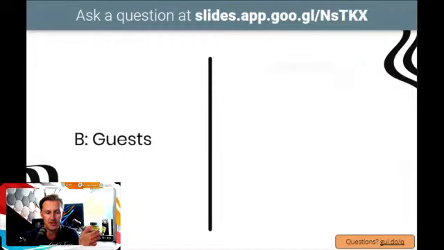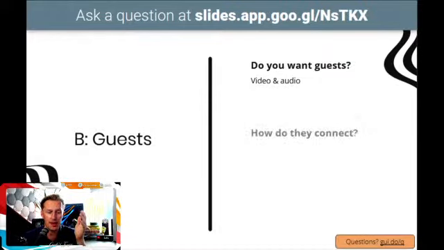So for guests, actually, do you want guests? How many guests do you want? Do you want video and audio? Assuming it's not just a podcast, video and audio. How do they connect? Some apps only work through a specific app that someone needs to install, like Skype or Zoom, or maybe even a mobile app.